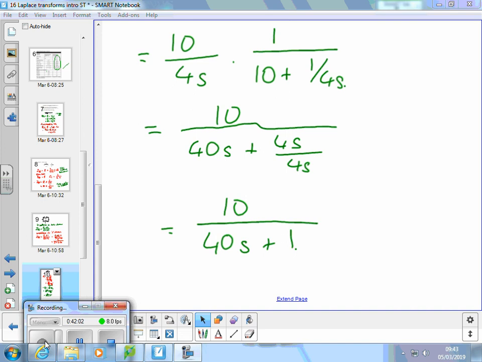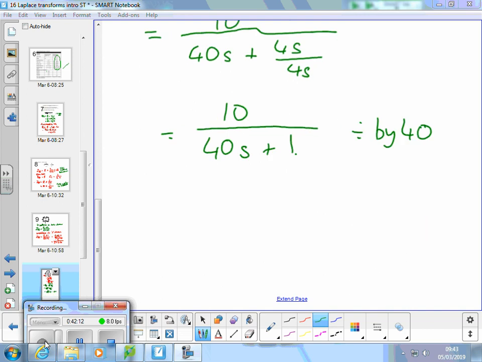So how can we get s without a multiplier? 10 over 40 is? And 1 over 40 is?